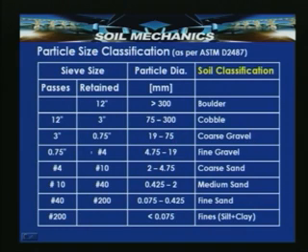Similarly, when you come down, that which passes number 40 sieve and is retained on number 200 sieve has particle size from 0.075 mm to 0.42 mm, which represents fine sand. Below this, passing number 200 sieve, that means less than 0.075 mm particle size represents the fines, that is silt and clay fraction.